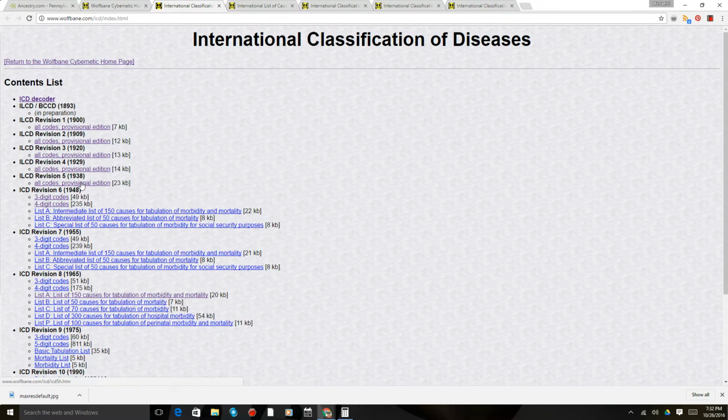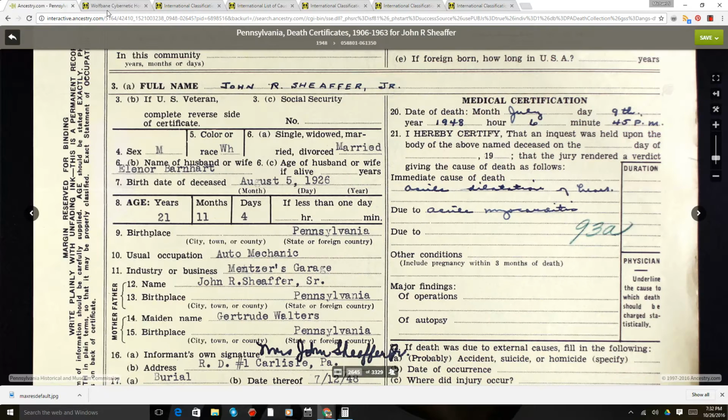So you have to be careful, or you can get the wrong diagnosis and write it down in your tree as the wrong diagnosis yourself. We were able to read that part and could tell that's probably what it was, and that code confirmed it.